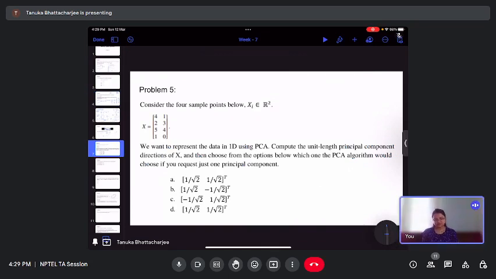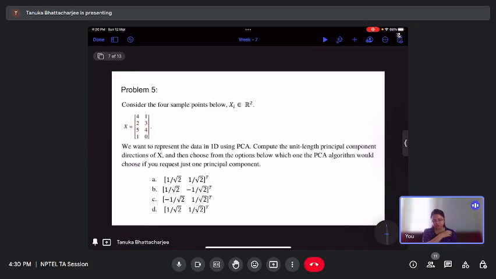So let us now move on to the next question. Here we'll do some examples on PCA. The first question: consider you have 4 sample points and all 4 of them are 2D real vectors. Each sample is 2 dimensional.